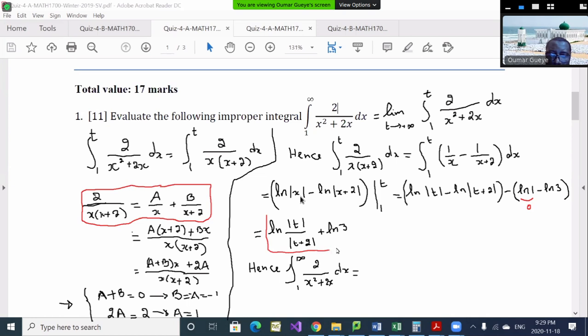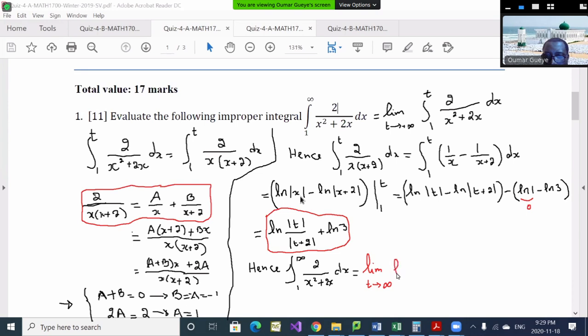In this case it is the limit when t goes to infinity. But when t goes to infinity, you can see this is just infinity over infinity, an indeterminate form.